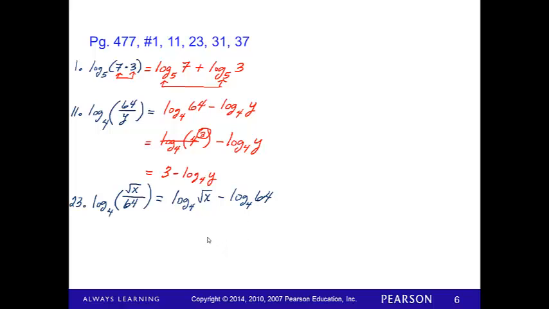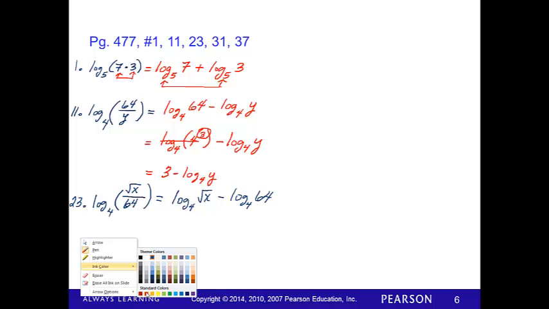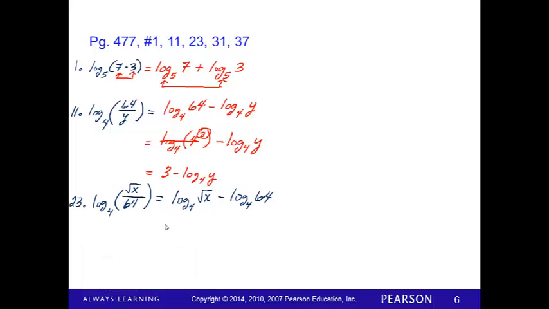Okay. So the square root, we need to write that as a power. So recall that the square root of x is the same as saying x raised to the half power. So this is log base 4 of x raised to the half power minus log base 4, and the 64 we can rewrite as 4 to the third power.